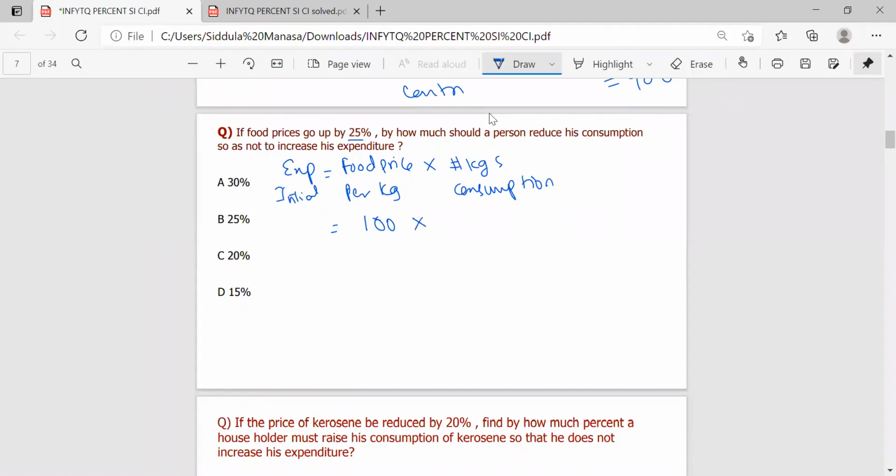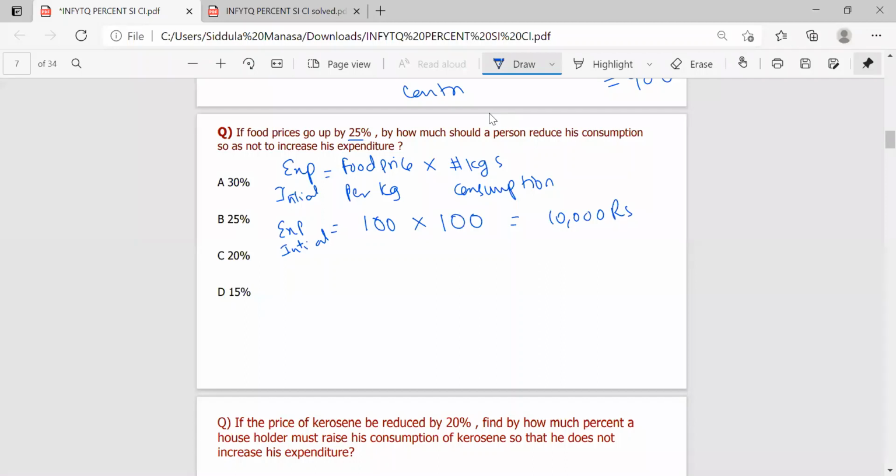How many kgs you consumed? You don't know. Let us suppose 100 kgs consumed, and each kg is worth 100 rupees. That means your total initial expenditure will become 100 into 100, which is 10,000 rupees.